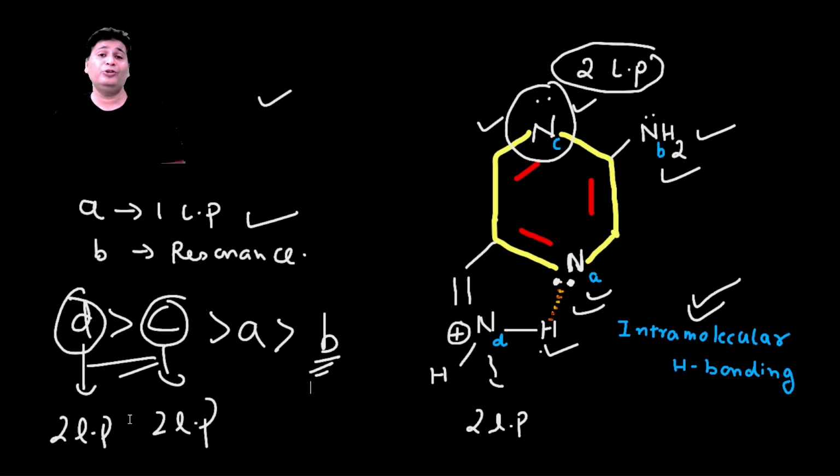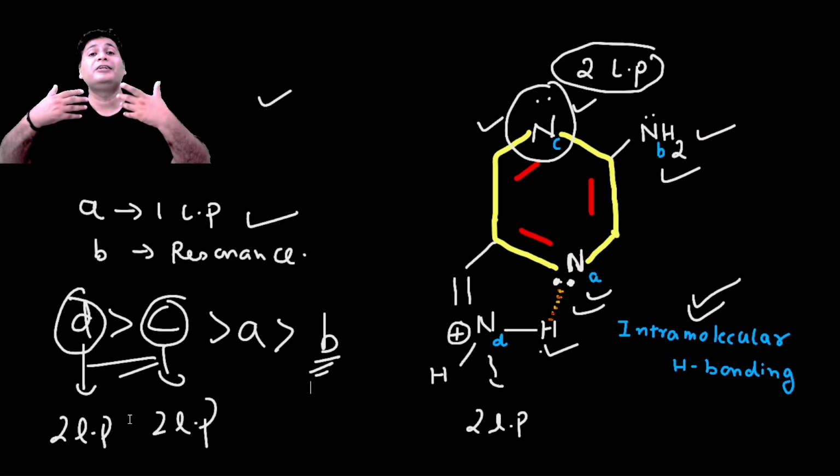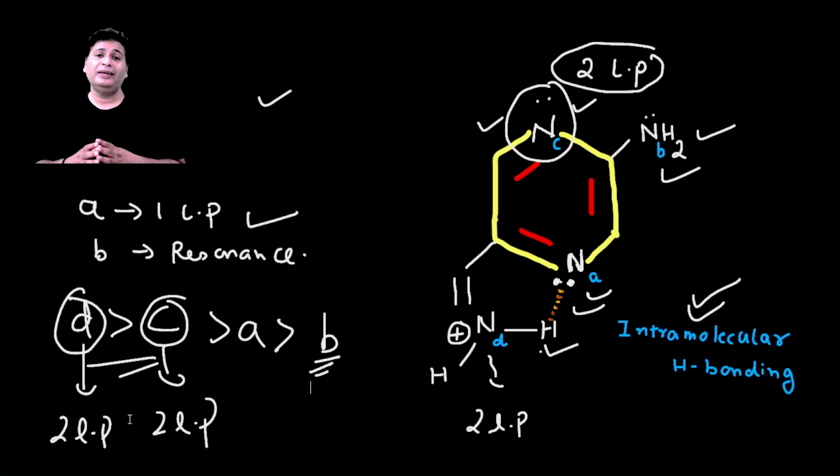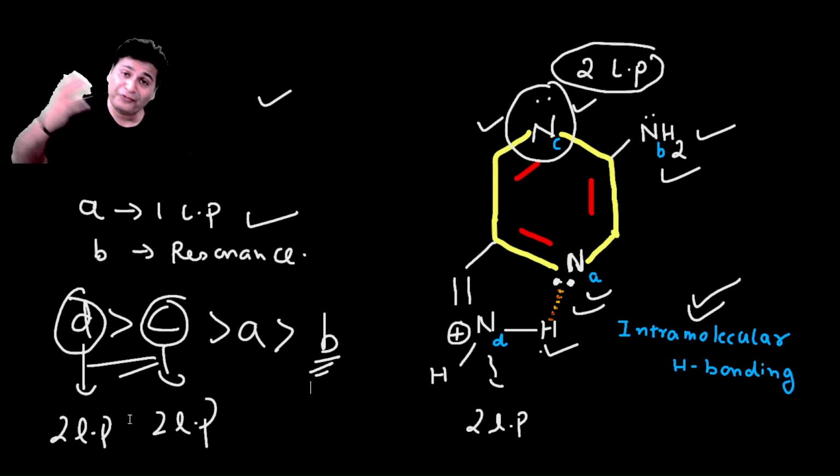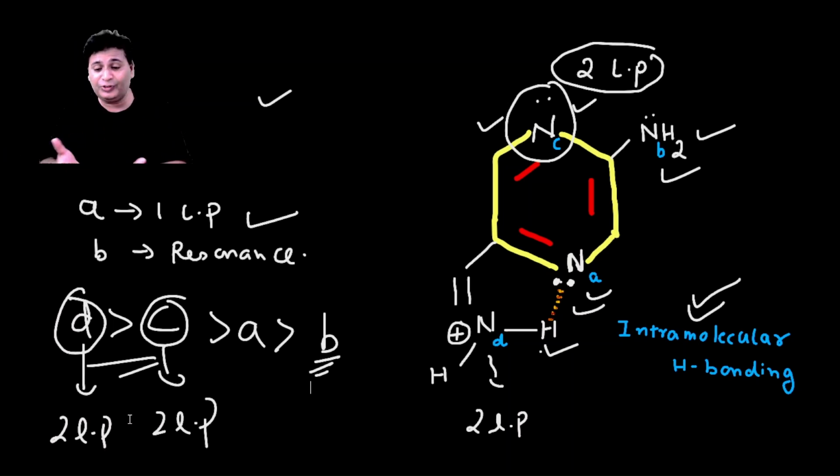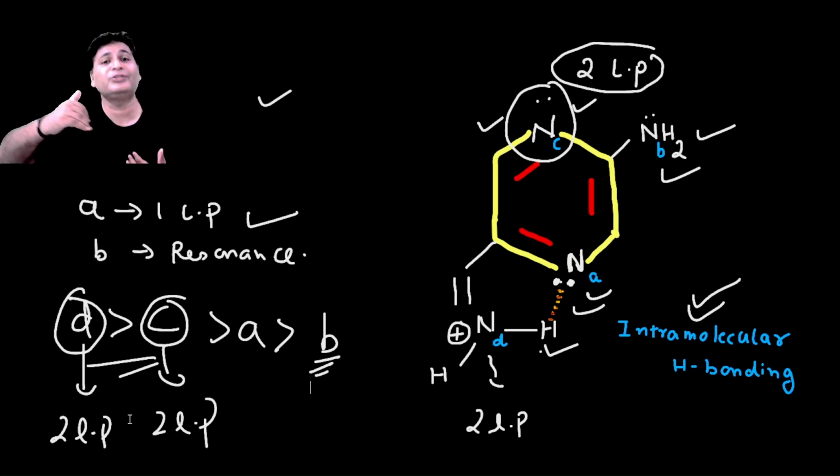And that is how you have to think in terms of availability, which depends on delocalization, which may get benefit from the delocalization also, as we saw in the case of C and D, its lone pair not getting delocalized, but from somewhere else because of resonance it is getting one more lone pair.